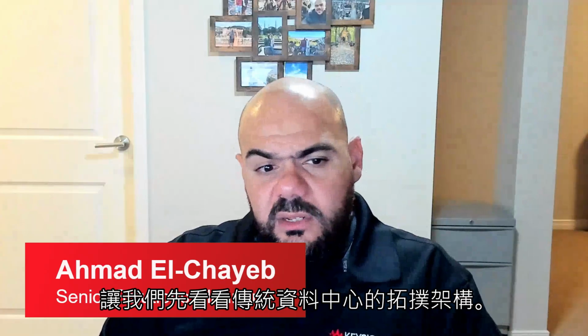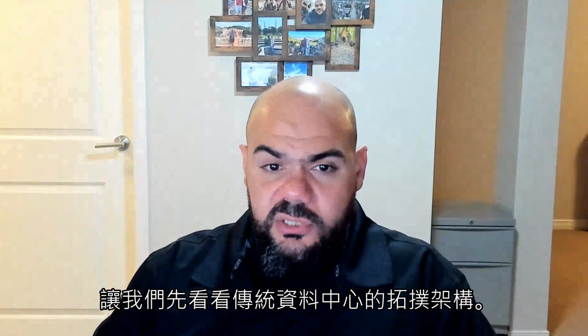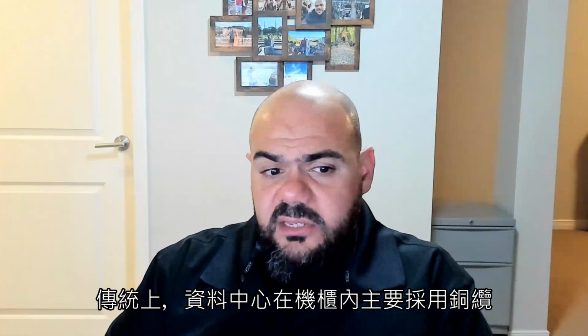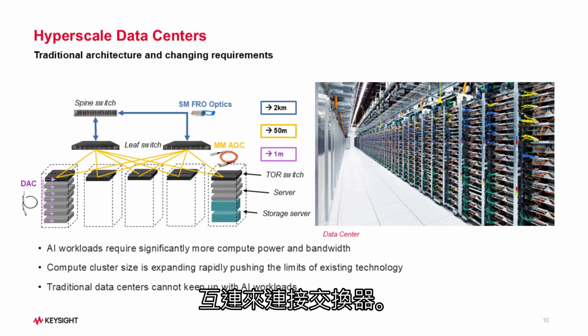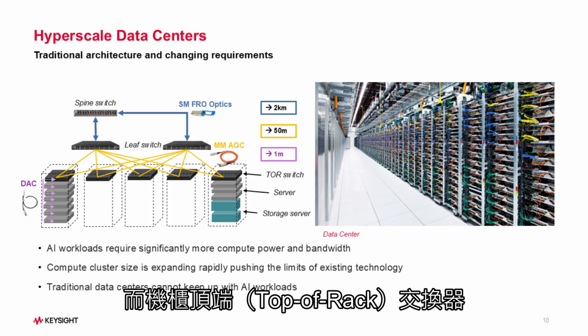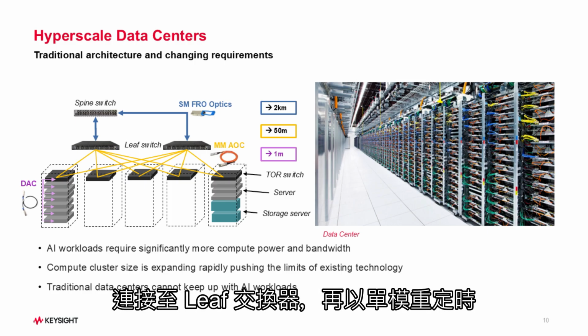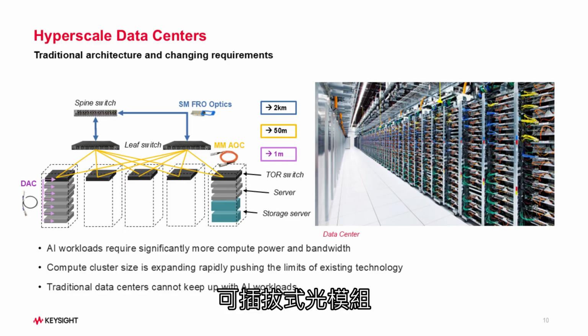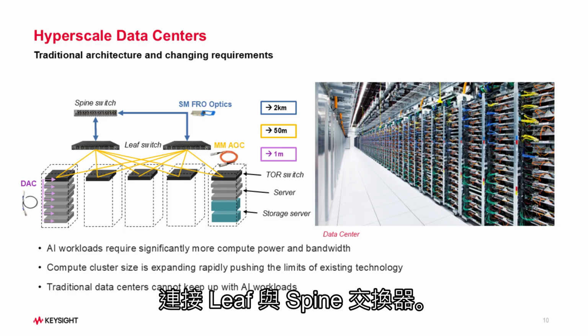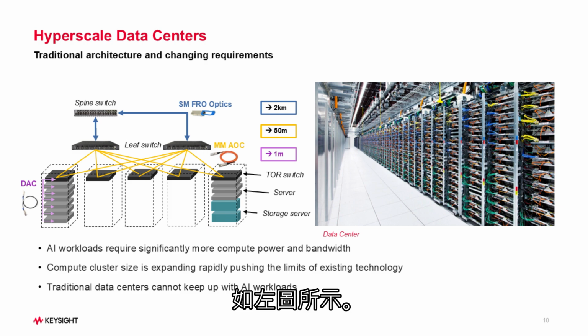Let's start by taking a look at the traditional data center topology. Traditionally, data centers relied on copper cable interconnects within the rack to connect switches, while using multimode active optical cables to connect the top of the rack switches to leaf switches, and single mode retimed pluggable optics to connect leaf switches to spine switches, as we see in this graphic on the left.